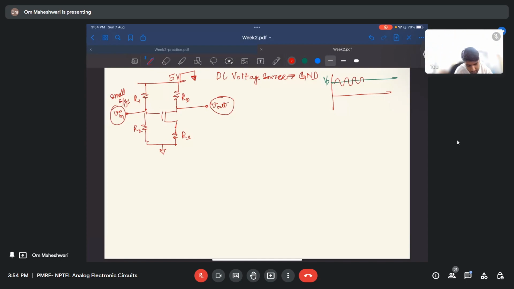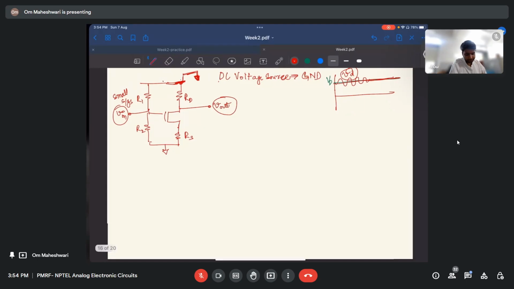But for batteries or voltage sources, since this point is fixed by a battery, this battery will not allow any change to happen here, because if this is an ideal battery, it will always have plus 5 volts maintained here. It will not go to 5.01 or 4.99, right? That is why for the small signal analysis, we change it to ground. So I hope it is clear. If not, please ask me.